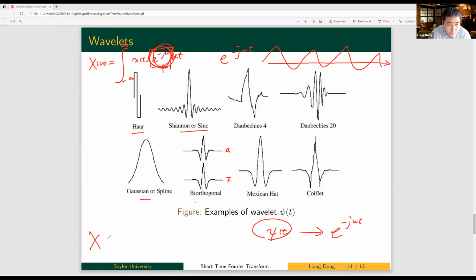It's an integration of x(t) psi(t) dt, and psi should also be a function of a and b. Now I have those two variables. So its output, instead of omega, in general is a function of a and b. So this is my wavelet transform.